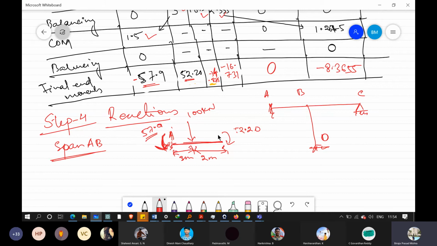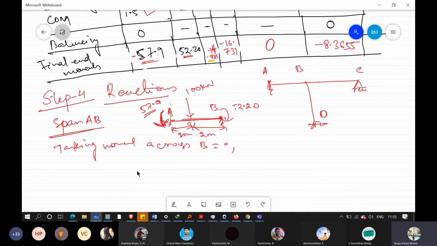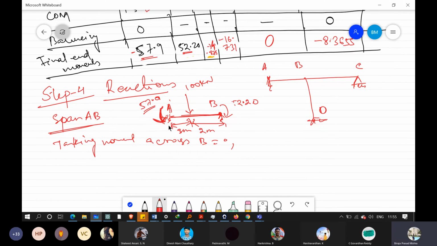So, okay, this is one reaction. This is B. If we take moment across B equals to 0, what will be my equation? Let us say this is RAB, this is RBA, suppose.